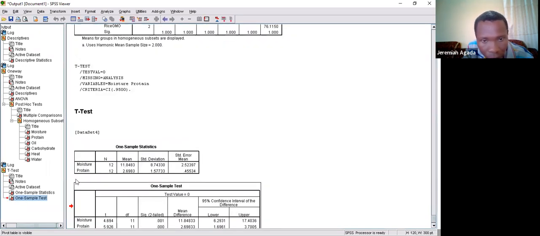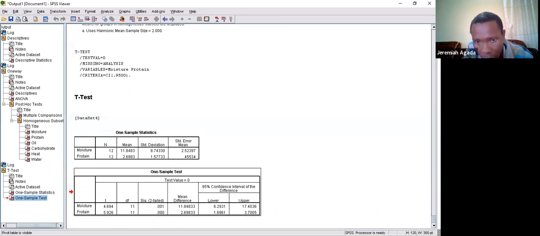Okay. Can we see the result here? I believe we can. So this for moisture, now look at the results that we have here. For moisture, we have 11.84. What does that mean? It's a grand total.